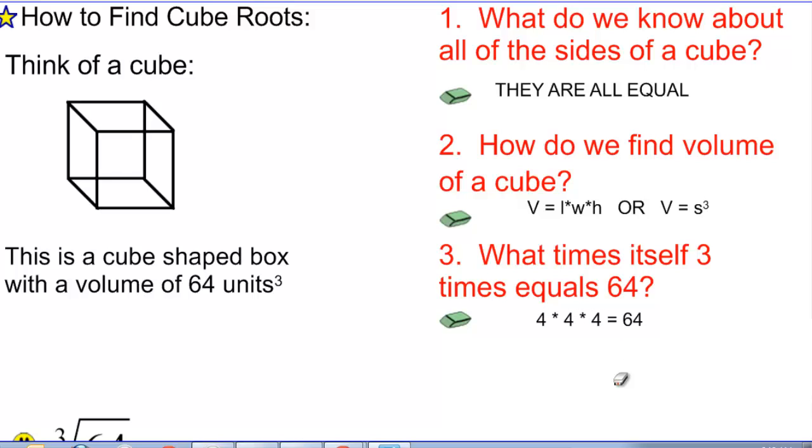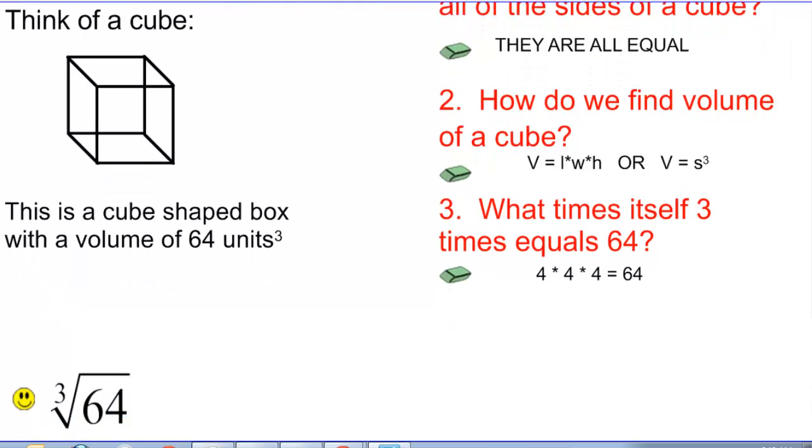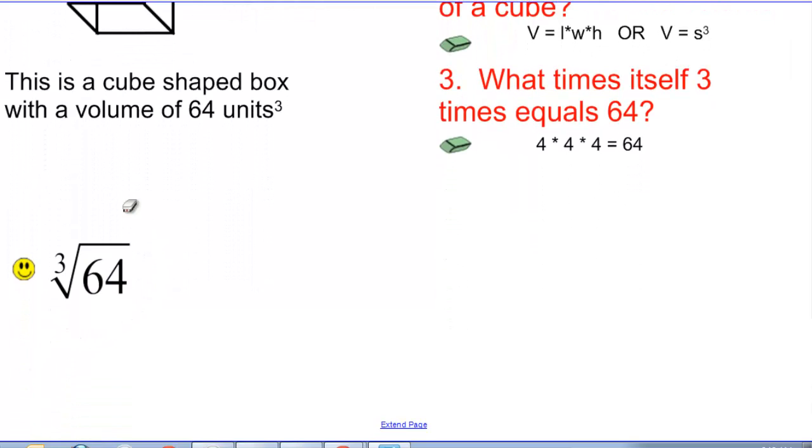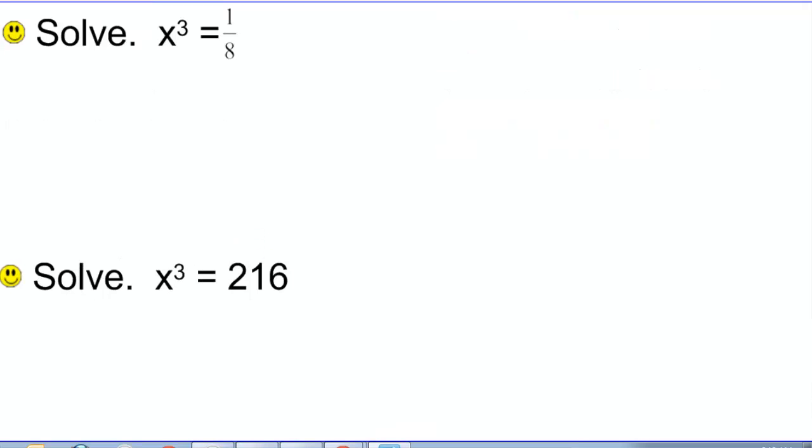So you can see that each one of these edges right here has to have a length of 4 so that I can get this volume of 64 cubic units. So then if I look right here, here's the cube root of 64. So that's again asking me what number times itself and then times itself again equals 64, and we now know that that equals 4.